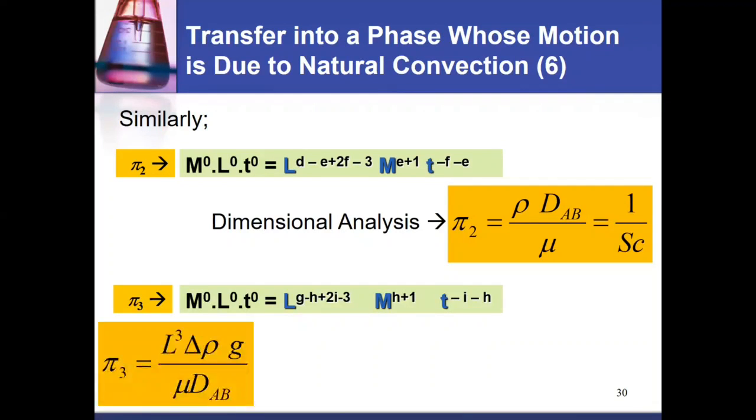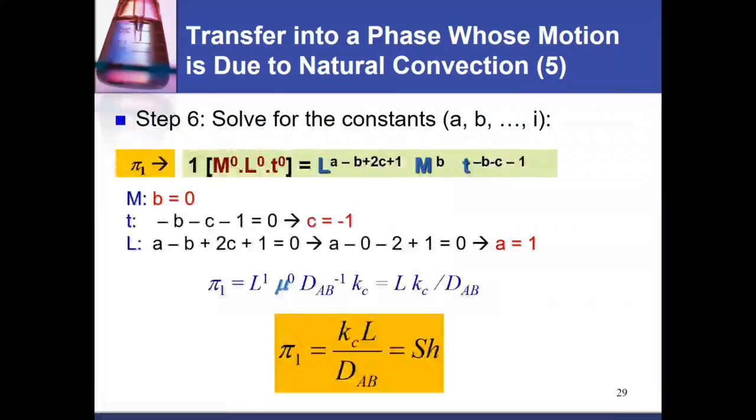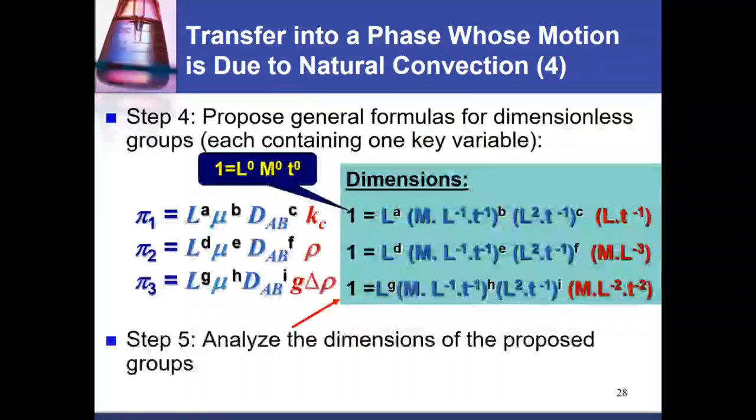The third group is obtained from M to power H plus 1, T to power I minus H. So from here we get H minus 1, and then we get I here, and then we get G, and then substitute in the equation here.